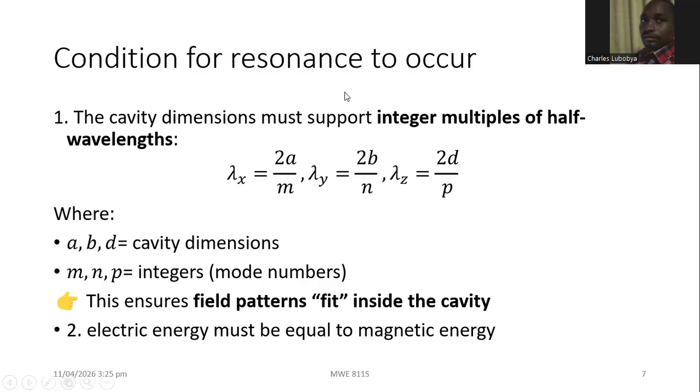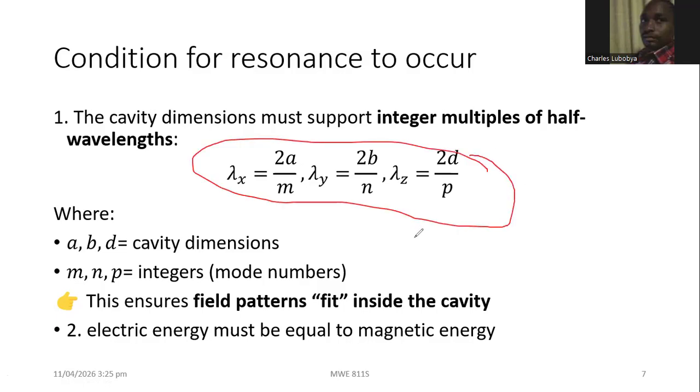If you check these three equations here, and make either a, d, or b the subject, you notice that d is going to be found by lambda z multiplied by p divided by 2. You can do the same for a, where a will be nothing but lambda x multiplied by m divided by 2.